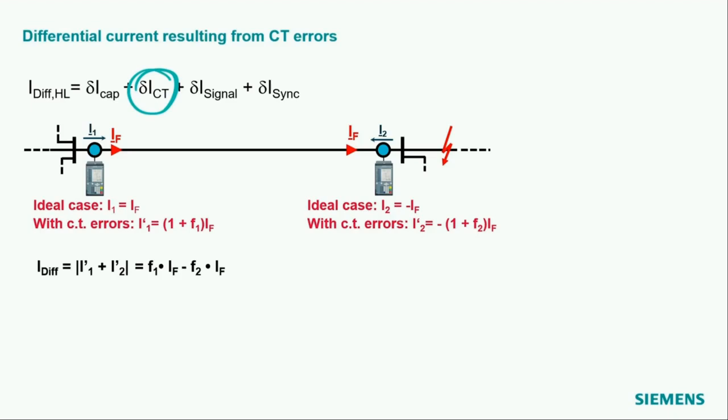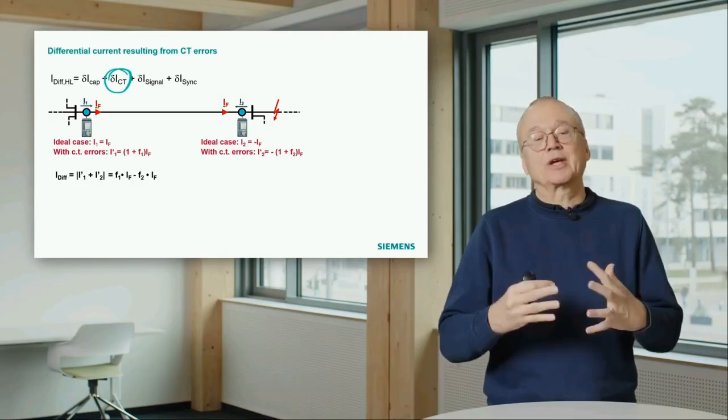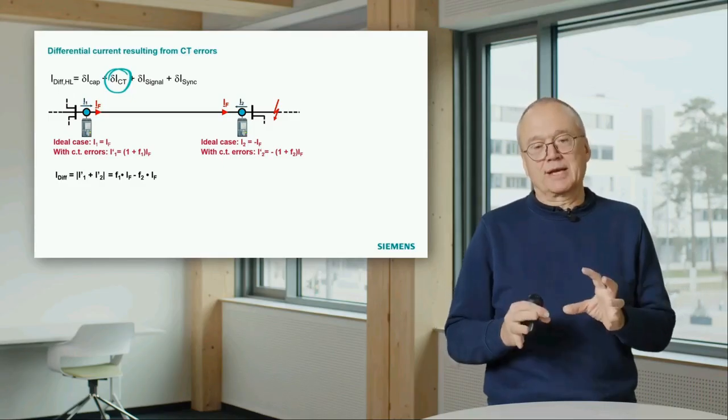If F1 is equal to F2, it's not a problem. The differential current is again 0, but we want to have an estimation of the maximum differential current we can have. And for that we have to take the worst case.